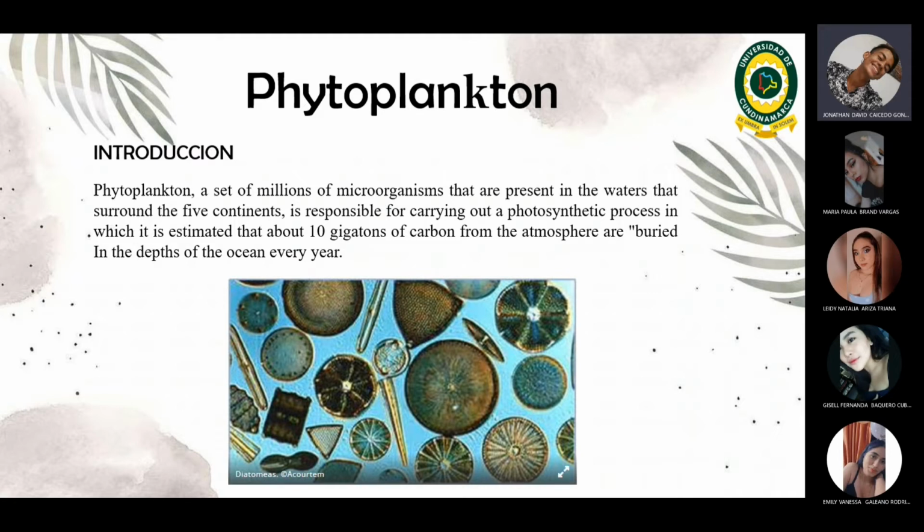It is responsible for carrying out a photosynthetic process in which it is estimated that about 10 gigatons of carbon from the atmosphere are buried in the depths of the ocean. Around 80% of the phytoplankton will correspond to the Bacillariophyta, which are microscopic unicellular algae that can be found floating freely in the water or attached to some substrate.